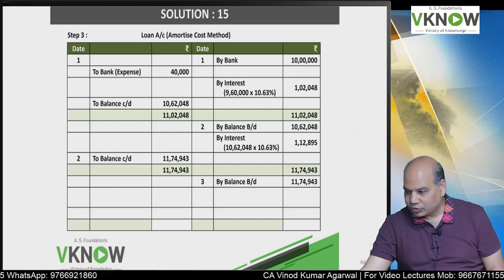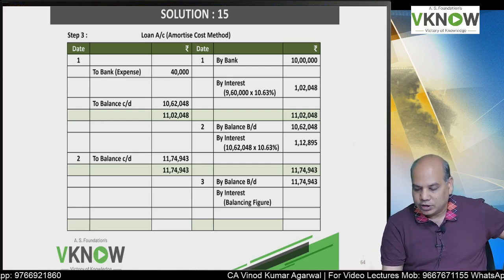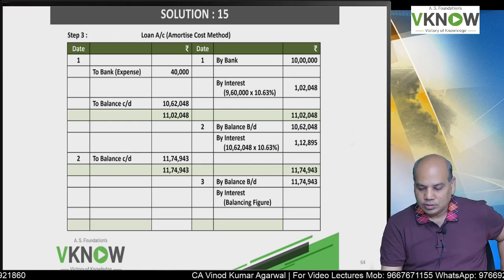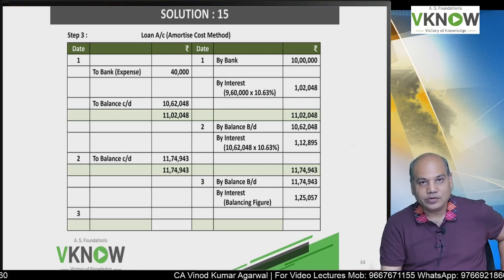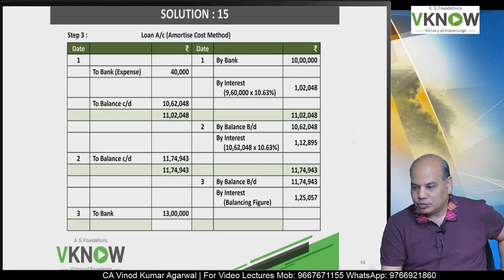Then by balance brought down, 2 lakh, 11 lakh, 74,943. In the last year, what do you do? Make interest the balancing figure, because I have to pay 13 lakh.